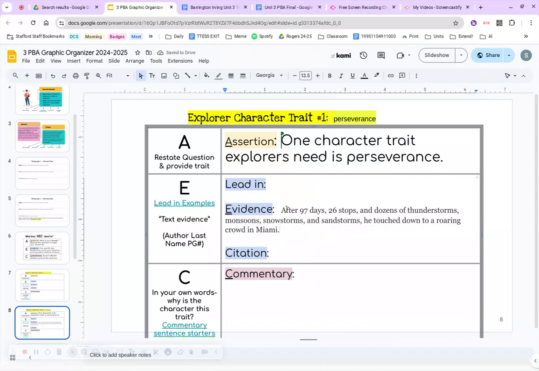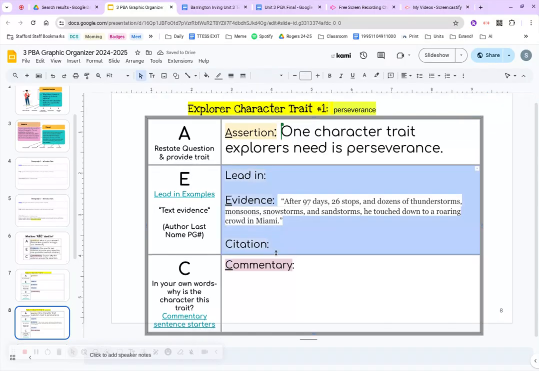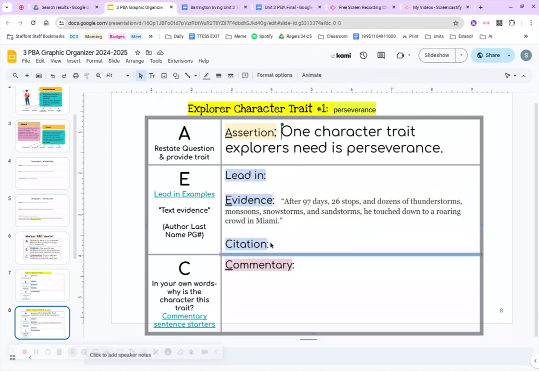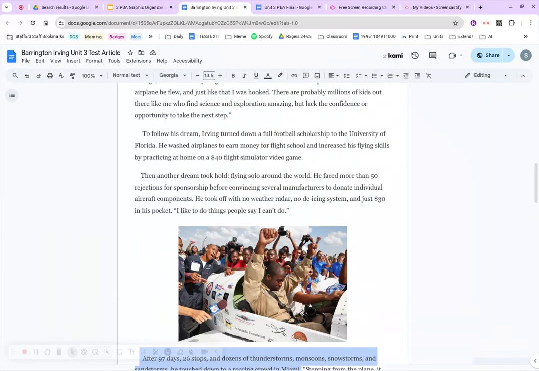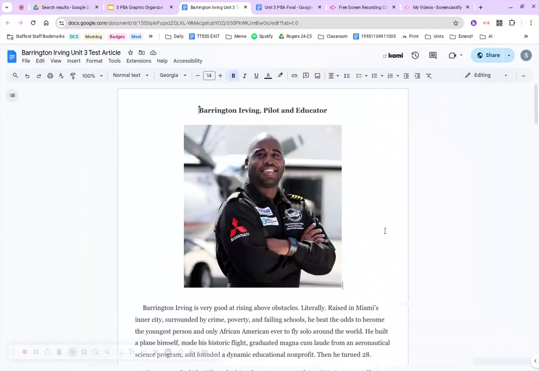However, this is a quote, so I need to make sure I give it quotation marks. So quotation marks at the beginning, quotation marks at the end, and then my citation. So for my citation, I need to put parentheses and the name of the author. This one does not have an author, so we'll use Barrington-Irving's last name.